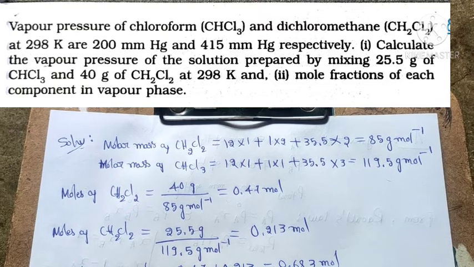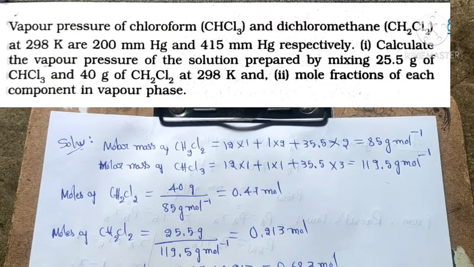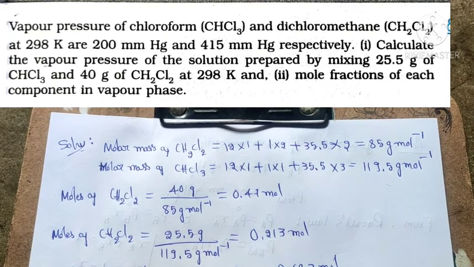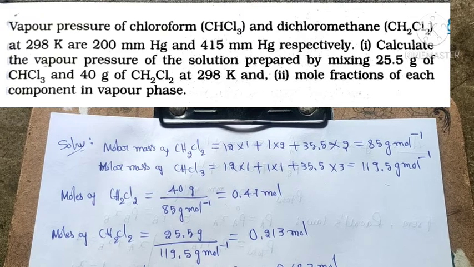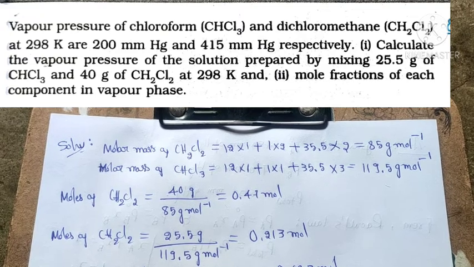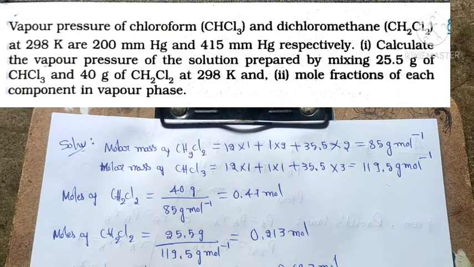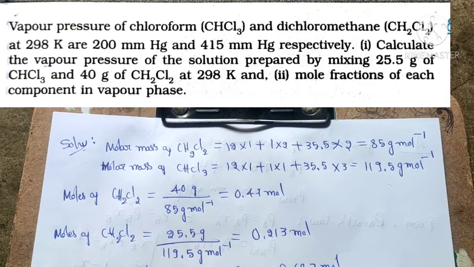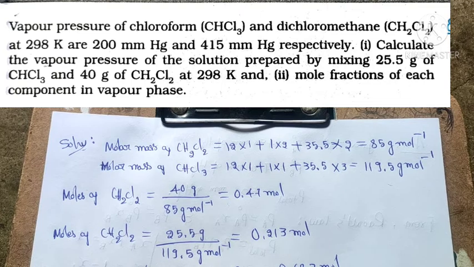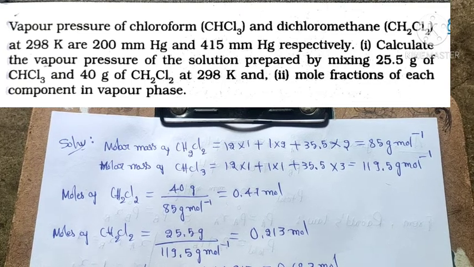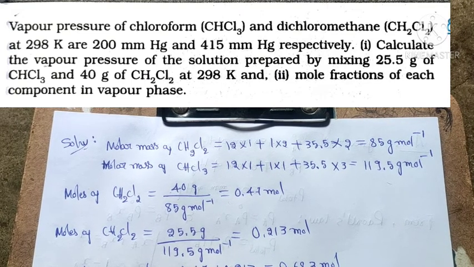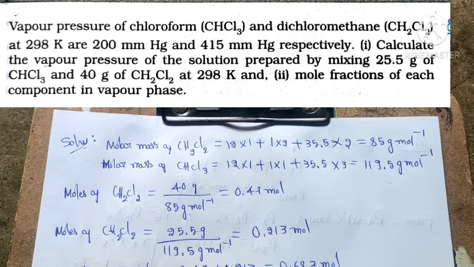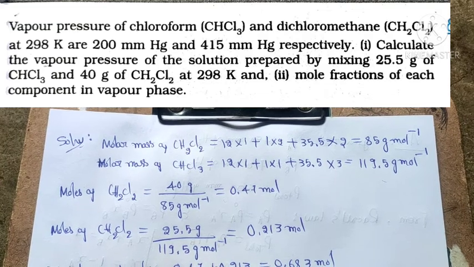First, calculate the vapor pressure of the solution prepared by mixing 25.5 grams of CHCl3 and 40 grams of CH2Cl2 at 298 Kelvin, and second, the mole fraction of each component in the vapor phase. In the vapor phase, Pi is equal to yi P total. So first we go into the solution.